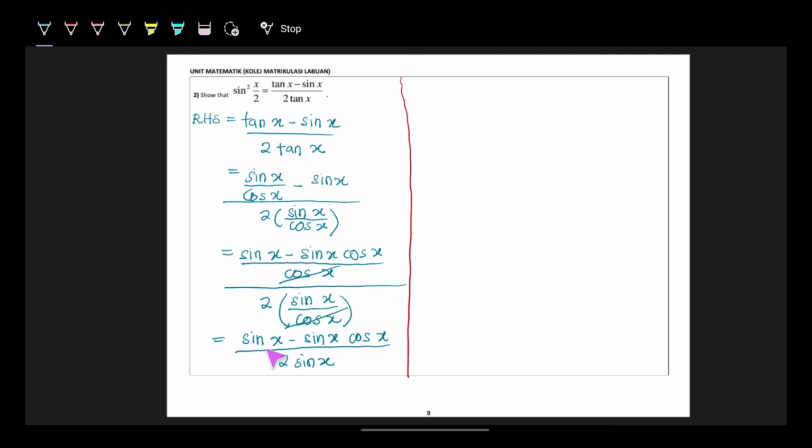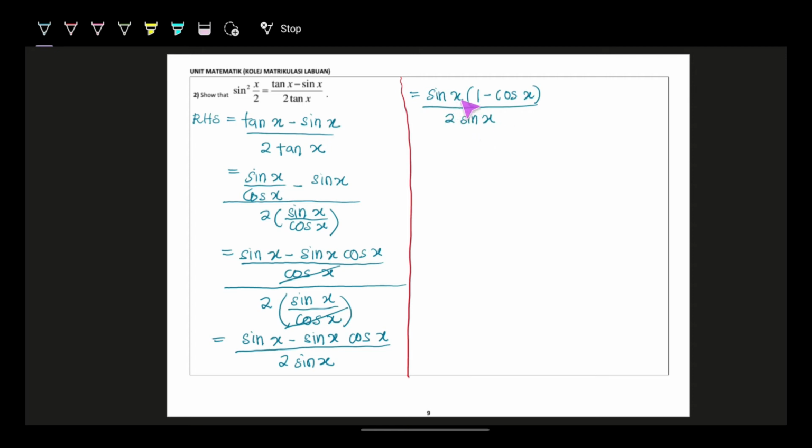We continue. We can see here there is a sine x here and there is sine x here. We are going to factorize it out, so it will become sine x times 1 minus cos x in the bracket over 2 sine x.